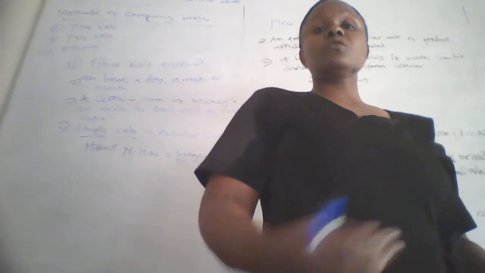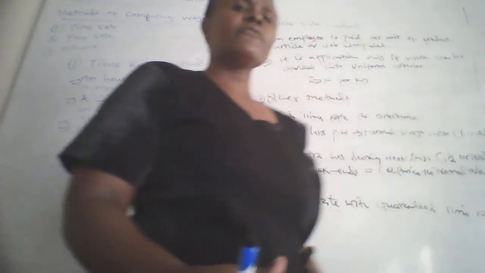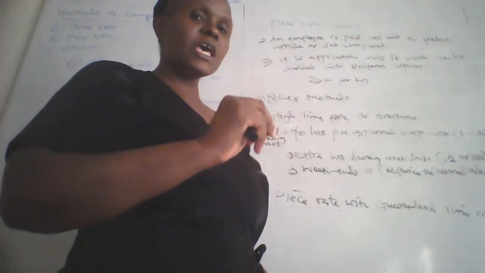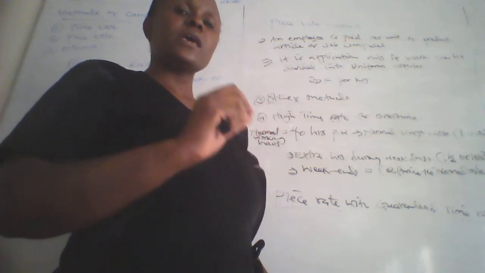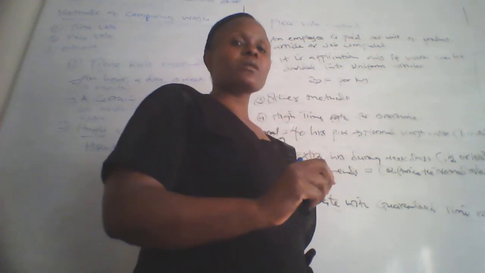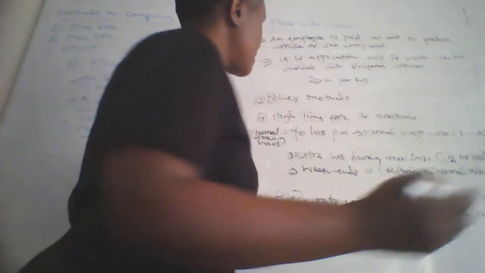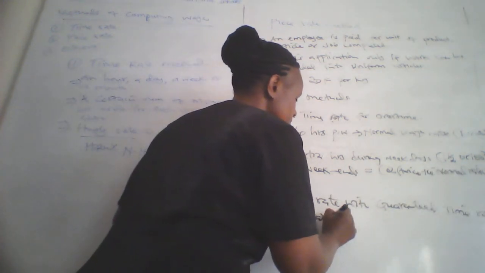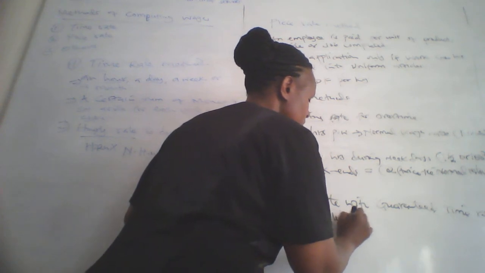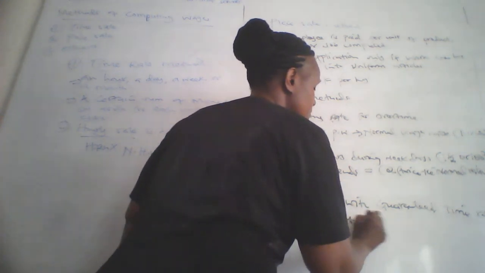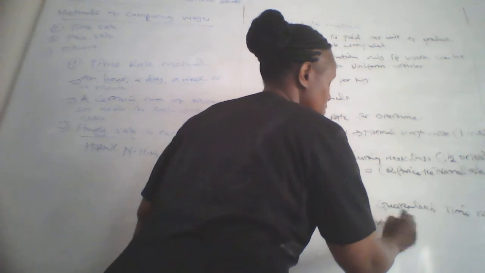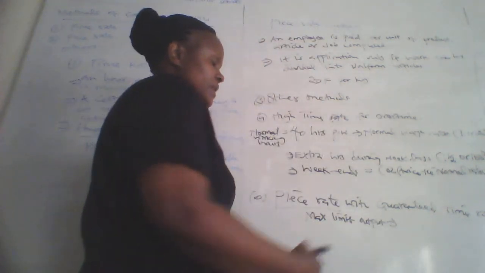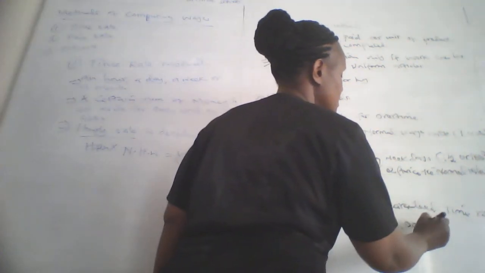In an organization, they decide that every day every employee should produce a maximum, or they give a quota. They are given a limit of output. So they can say per day they are supposed to produce 100 articles.